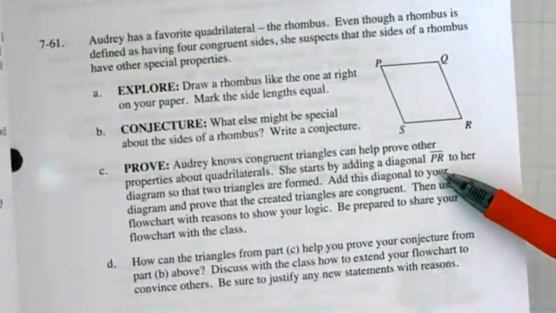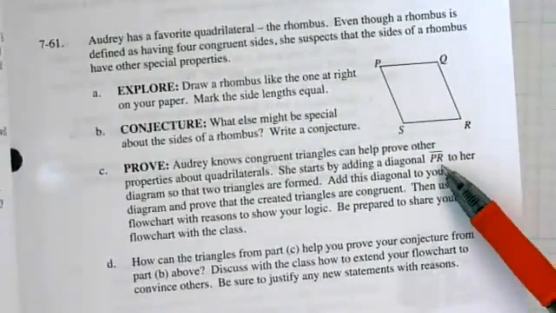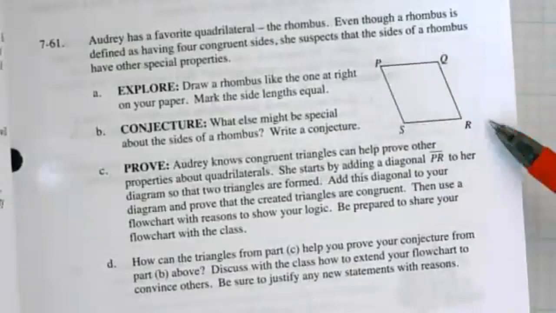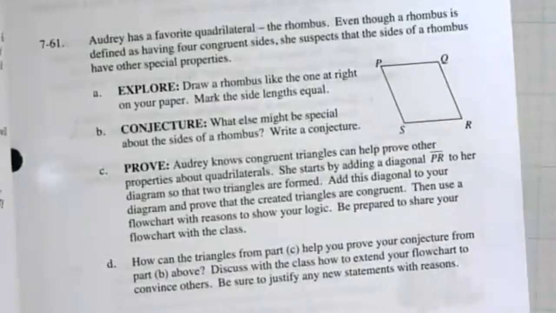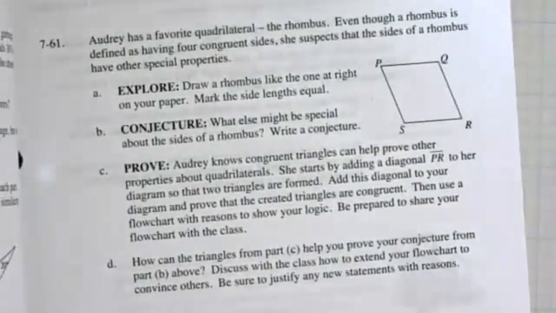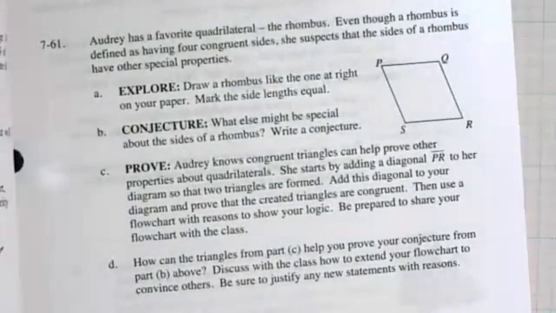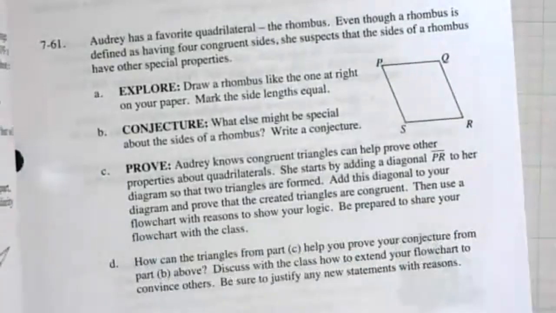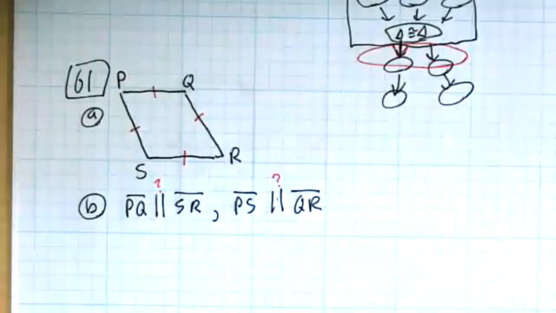Could you take your picture and draw a line from P to R? I'm not going to draw it on the book here because it's a book, but on your notes, can you draw that diagonal from P to R? So we're going to add that diagonal and then prove that the new triangles you created are congruent using a flowchart proof.